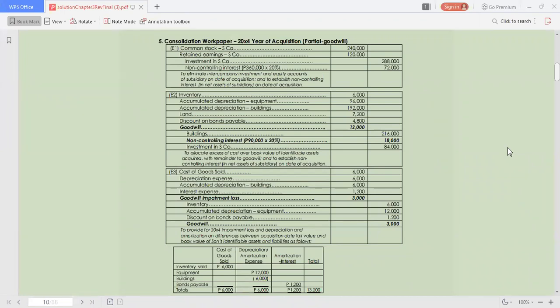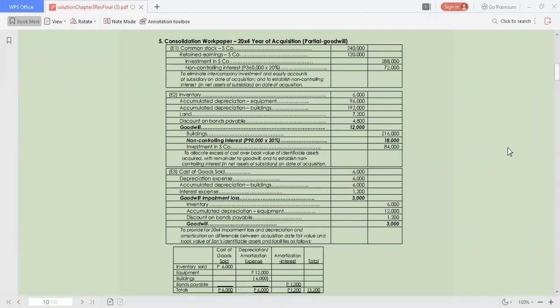Now, next entry in E3, debit cost of goods sold, debit depreciation expense for 6,000, debit accumulated depreciation of the buildings, 6,000. Then debit interest expense for the amortization of the discount on bonds payable.